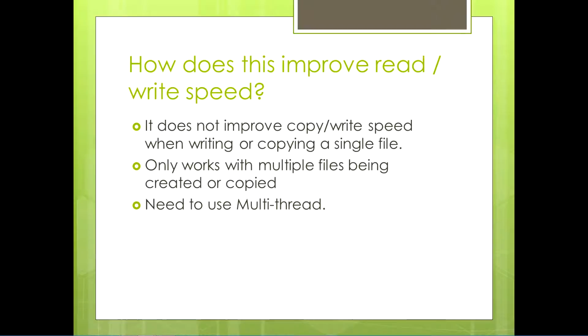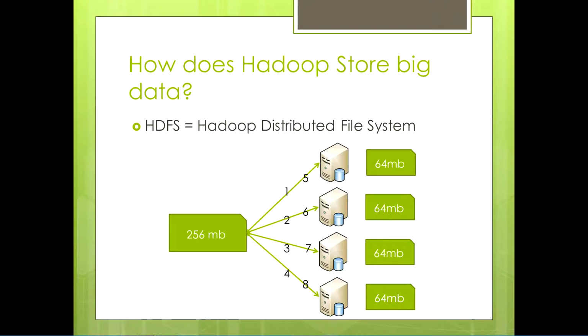As long as you're using multi-thread, basically one thread per file to read or write, then you're utilizing the write speed and the read speed. For example, going back to this picture, instead of saving one 256 meg file, let's say I have 4 files of 256 meg.